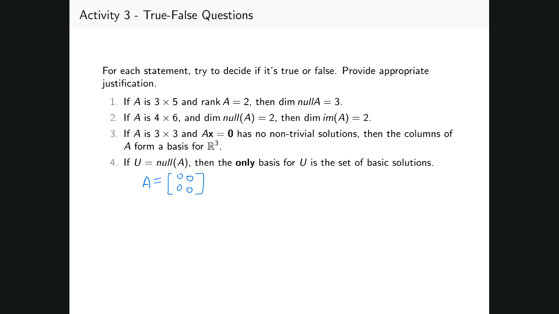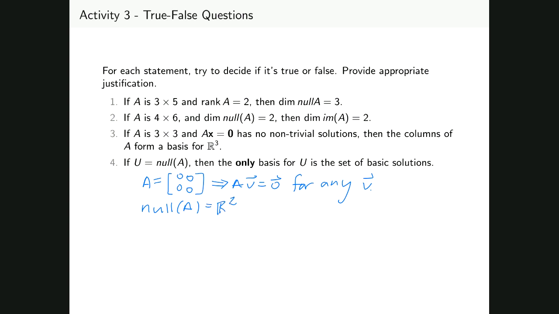That's going to give me that AV is 0 for any V, so its null space is going to be the whole plane.